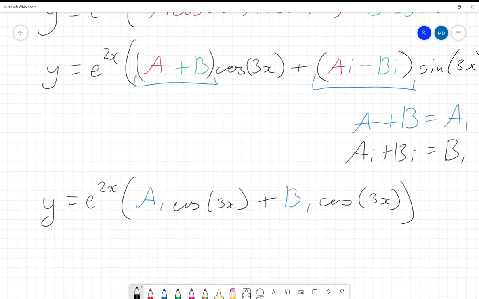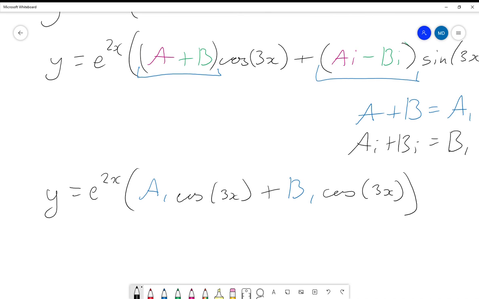And now this is a much simpler form because there is one key thing: there are no complex numbers in there at all. This can be all real. We have x is entirely real everywhere, and these constants are arbitrary constants, and so they can be entirely real as well. So everything here is real.